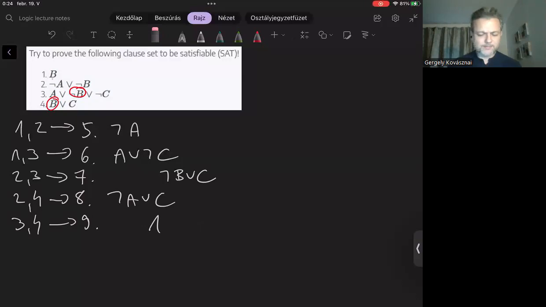And this does not help much because the original question is if my closed set is satisfiable, which means if all the clauses can be made true at the same time. And this clause is always true, so this resolvent does not help at all. And actually I get a very similar resolvent if I pick not C and C, and the resolvent will be 1 again.